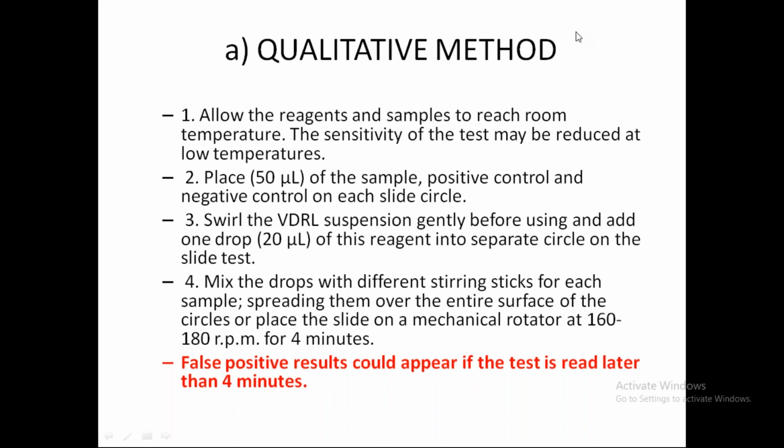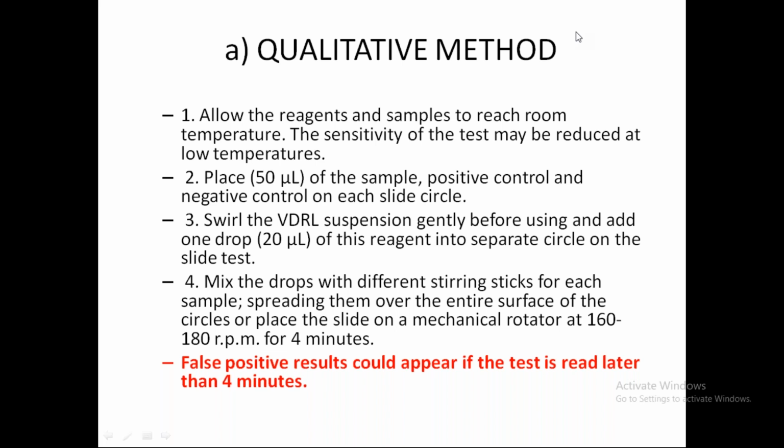So what do you do in this qualitative method? Take a VDRL slide and add a drop of patient's sample and add a drop of antigen. You can also add positive and negative control. Mix it and you have to rotate it. Mechanical rotator is commonly used.